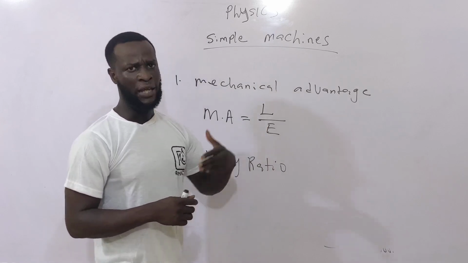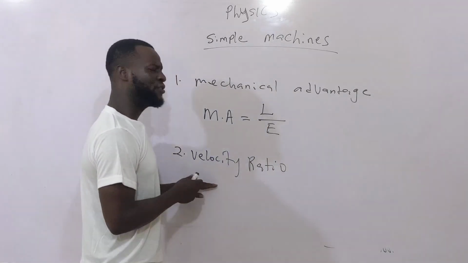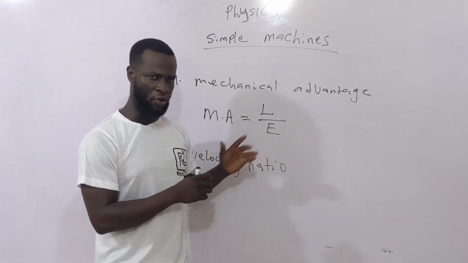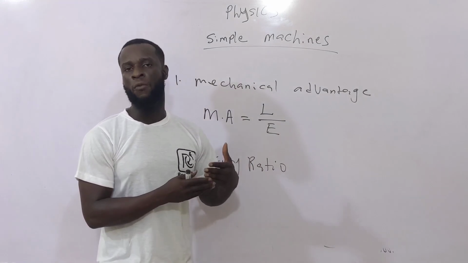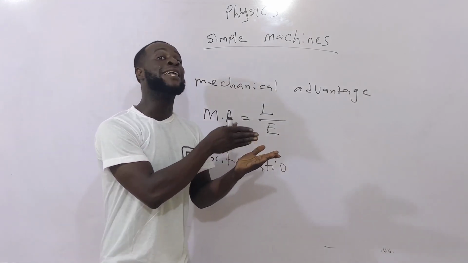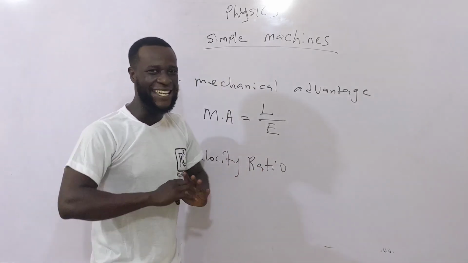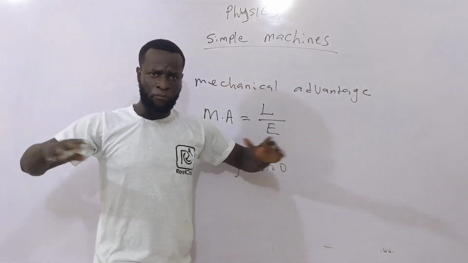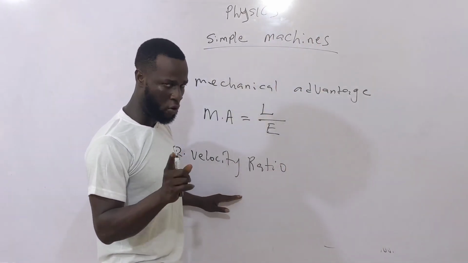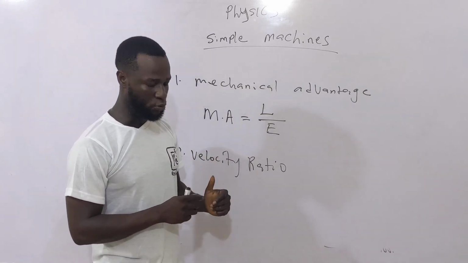Velocity ratio is actually what makes this topic a bit interesting, because almost every single machine that we are going to be looking at has a particular formula for its velocity ratio. However, what I just said is the general definition for velocity ratio. Recall, velocity ratio is distance moved by effort divided by the distance moved by load.